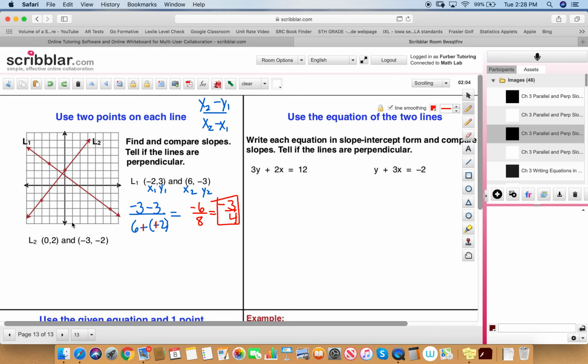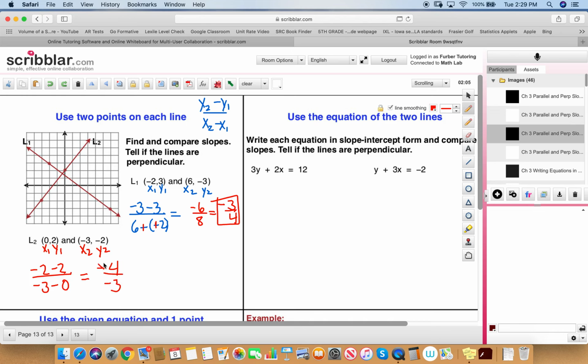Line 2 has these 2 points on there, (0, 2) and (negative 3, negative 2). I'll make this one be the x1, y1 since it doesn't have any negatives, and make that be the x2, y2. So y2 minus y1, negative 2 minus 2, over x2 minus x1, negative 3 minus 0. The numerator is negative 4. The denominator is negative 3.